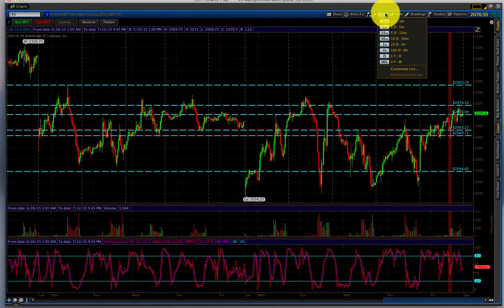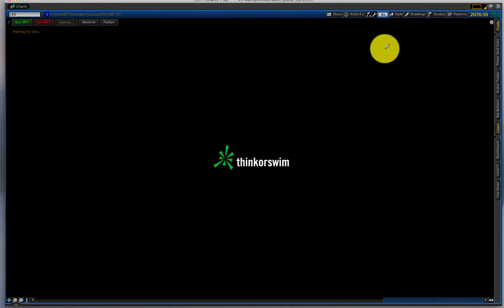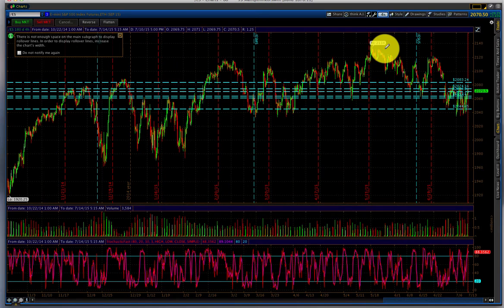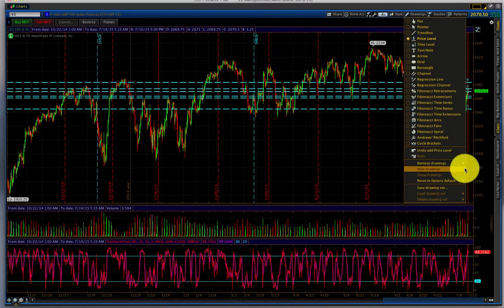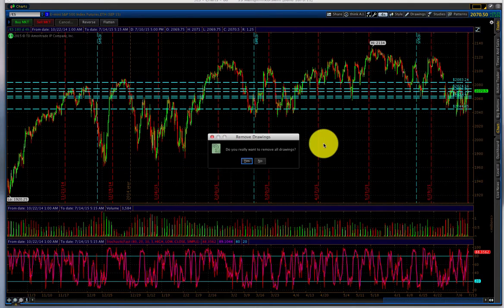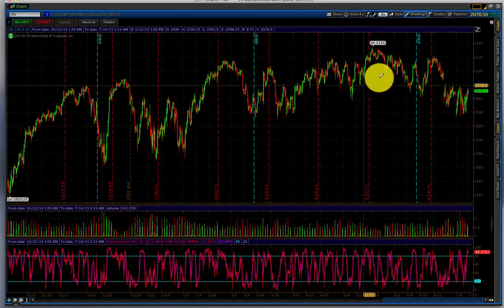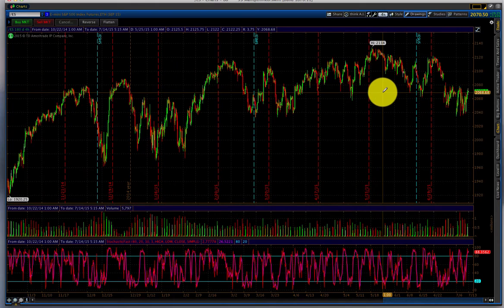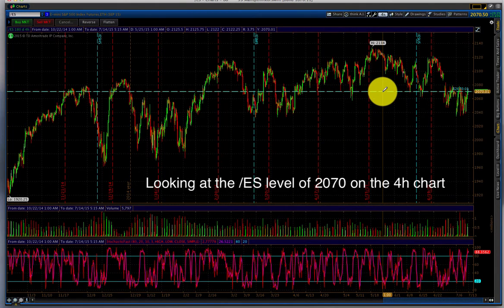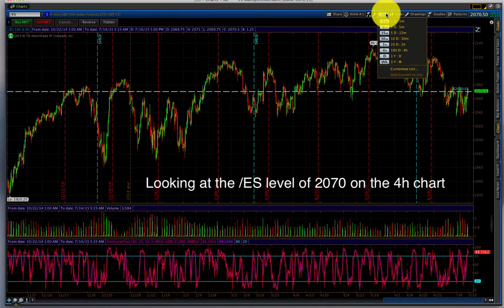And just see how it goes on a 4-hour chart. And now you see how I end up with so many. Let's pull all these out. So here's 2070, 4-hour. Let's go to the daily.